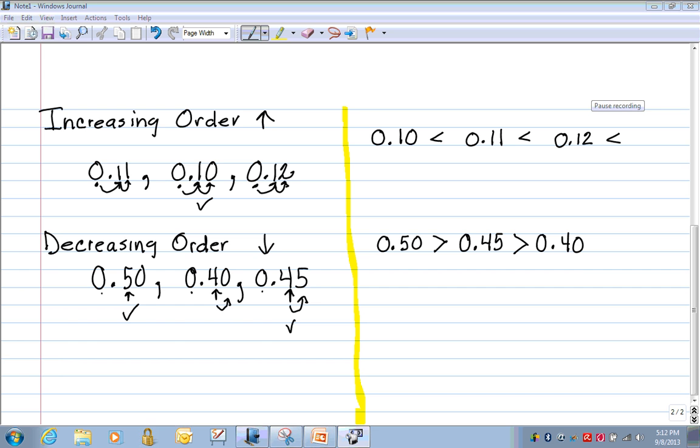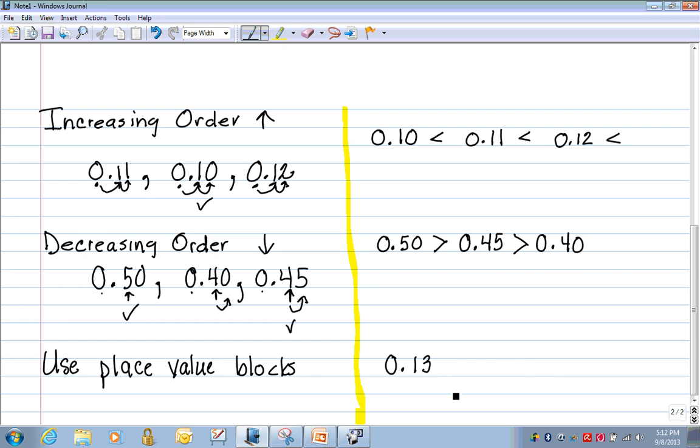The last way I want to show you is that we can use place value blocks to compare. For example, if I have the number 0.13 and I have the number 0.10. This is 13.